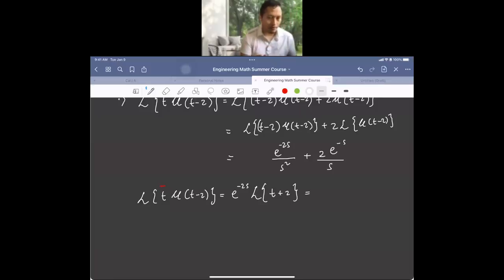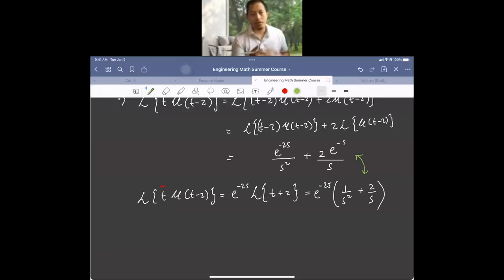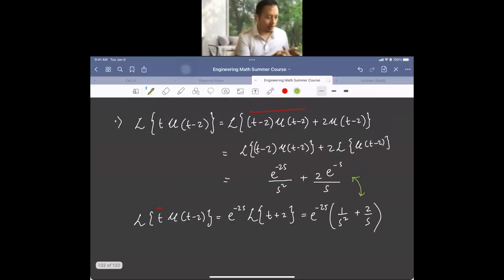Laplace of t plus 2: Laplace of t is just 1 over s squared, Laplace of 2 is just 2 over s, right? And I believe this is the same answer as this. So you can choose either to force it to be the same as the first form, or you could just use the alternative form. It should be the same result.